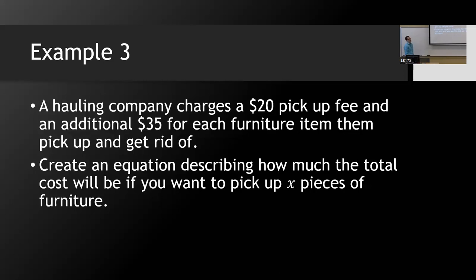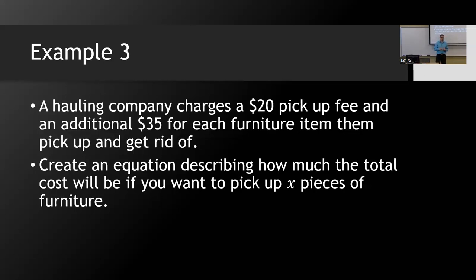So I'll use C for cost. It doesn't tell me which letter to use, but that's the letter I'm going to use. Now think about the cost. The cost is in two parts. One part is the pickup fee of $20, and the other part is the $35 for each furniture item. If you have one item of furniture, it's $35 plus the $20 fee.